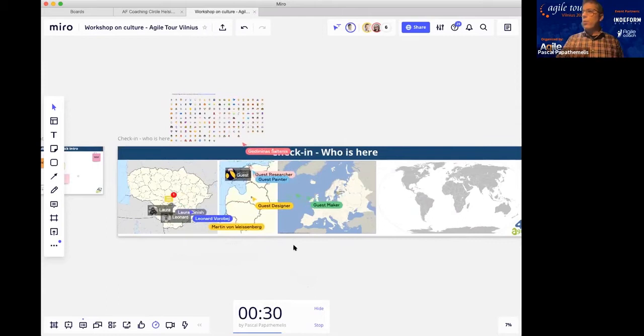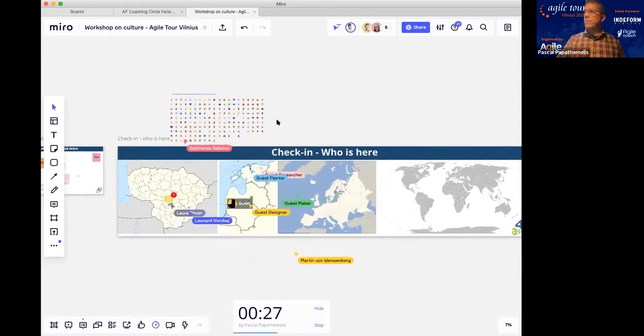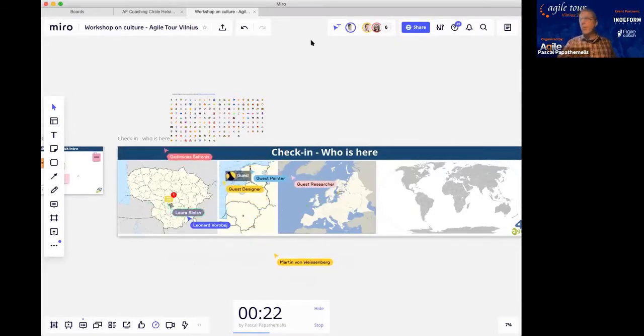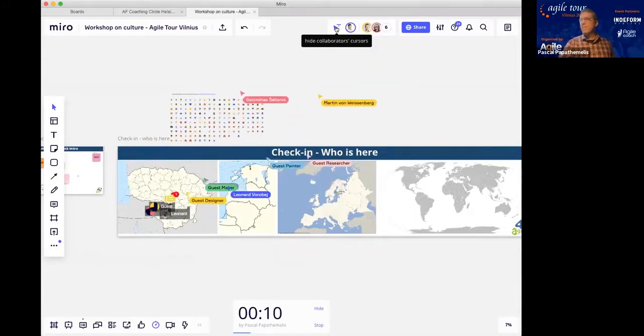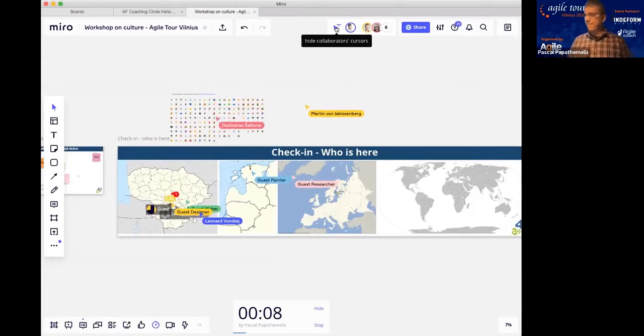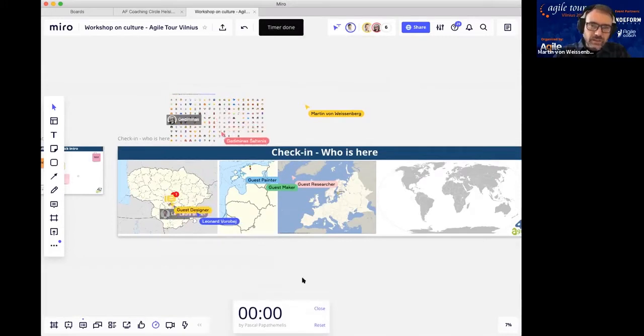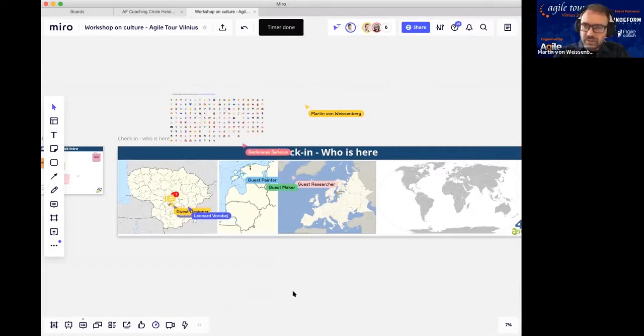Also, if you feel in Miro that there are too many mouse cursors going on, there is an arrow on the top to hide the collaboration cursors, then you don't see where they are located or where they are moving. You can also see that some people have their names here, like Gediminas and I think Leonard.